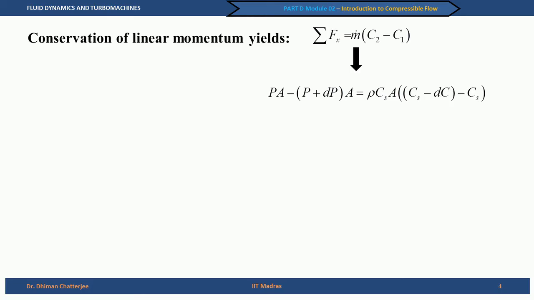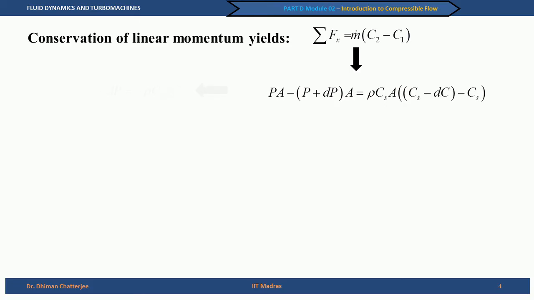We have not considered any friction, so fluid friction does not arise here. And then we can say that P A minus (P plus d P) multiplied by A is rho C s multiplied by A, that is the mass flow rate, m dot, and C 2 is nothing but C s minus d c and C 1 is C s.